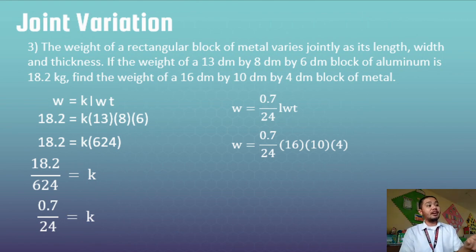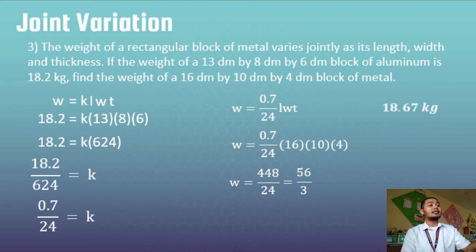So 0.7 times 16 times 10 times 4, yung numerator na magiging 448. Lowest term natin yan, we can divide the numerator and the denominator by 8. So the weight now of that metal will be 56 over 3. So approximately, that is 18.67 kilograms.